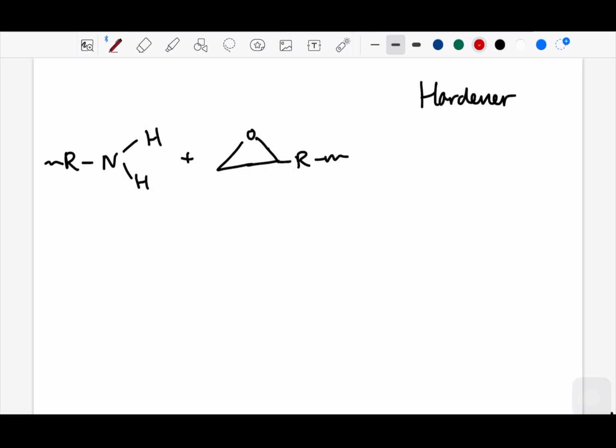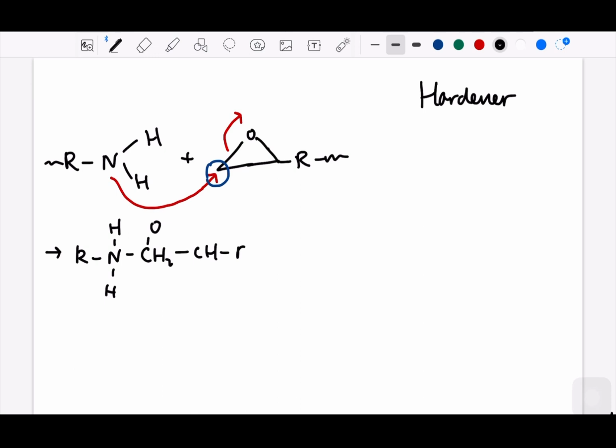Of course, it starts from this nitrogen. It has a paired electron, and this is the same as what I told you before. So it attacks this part to make the bond broken, and then it turns out to be like this.